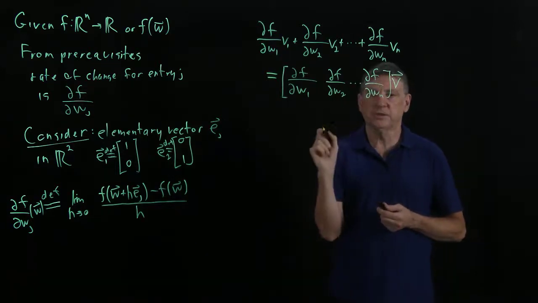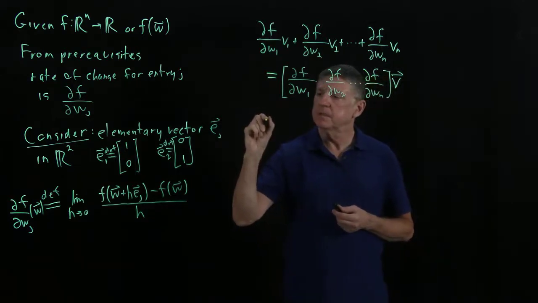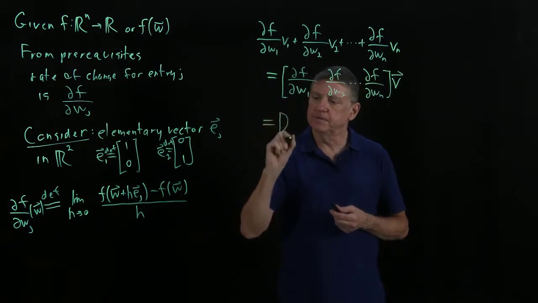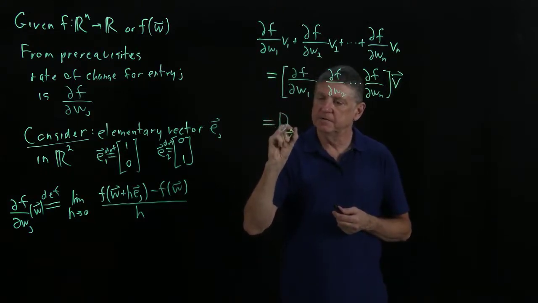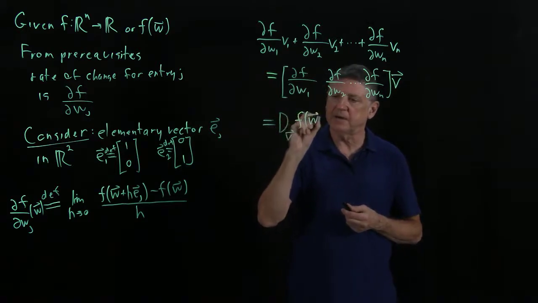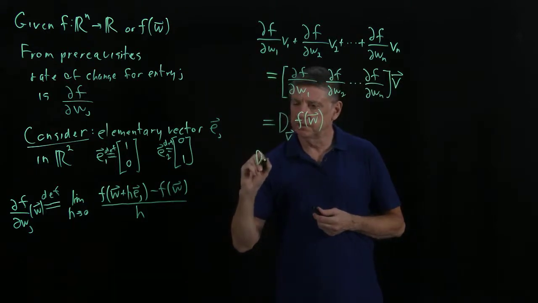We come across this so often, we will write this as the derivative in the direction v of the function evaluated at argument w. So this is the directional derivative.